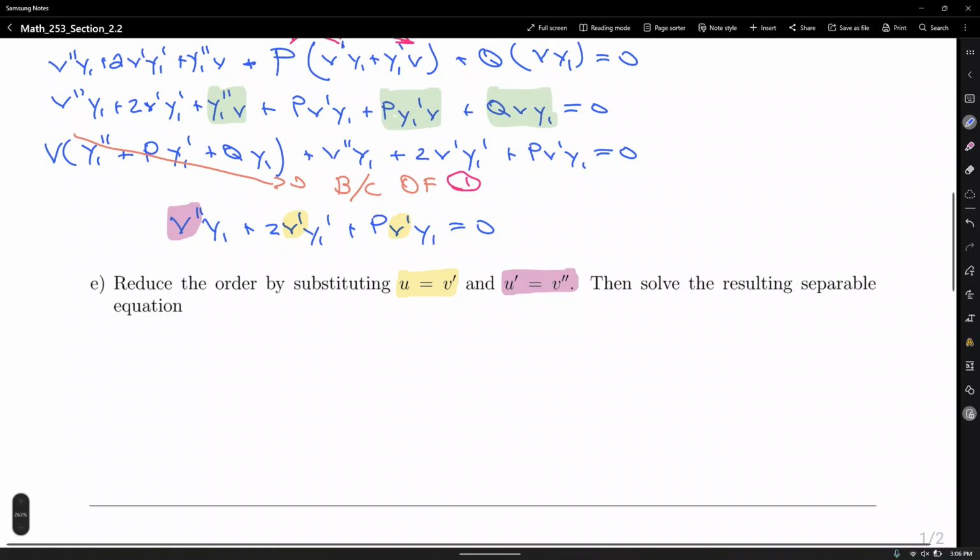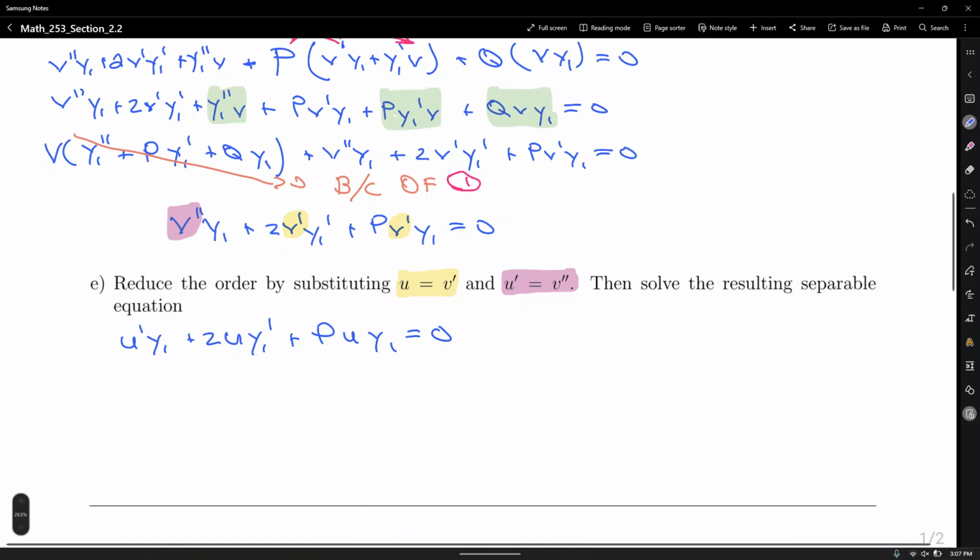So this becomes, with the substitution, u prime y sub 1 plus 2 v prime, which is u, y sub 1 prime, plus p times v prime, which again is u, y sub 1, equals 0.